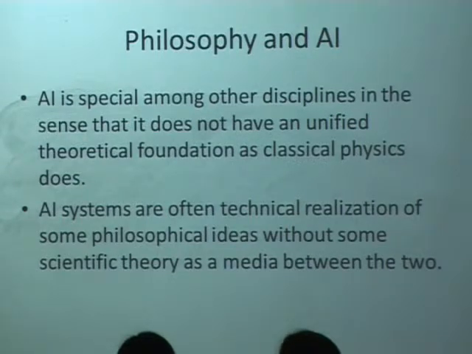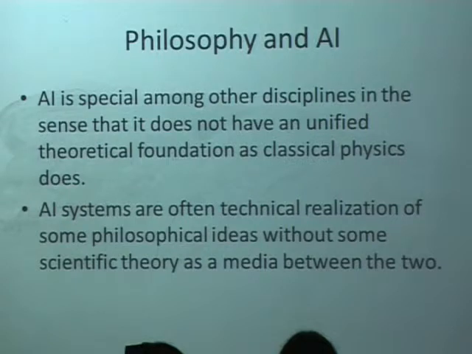But you can hardly imagine that in mature physics, in biology, or in chemistry, scientists will have entirely different ideas about how biology or physics should be done. It's impossible.